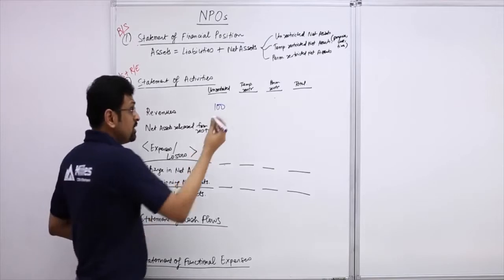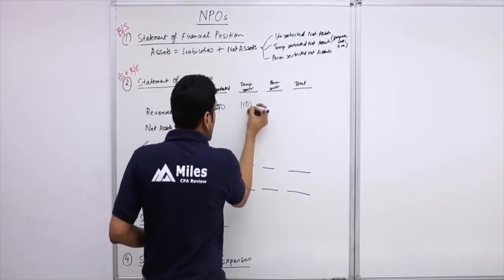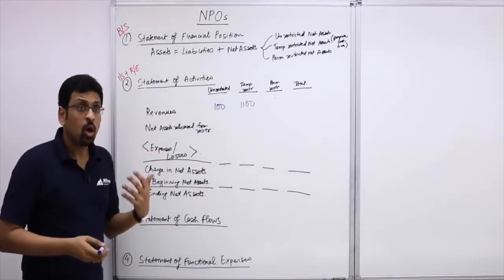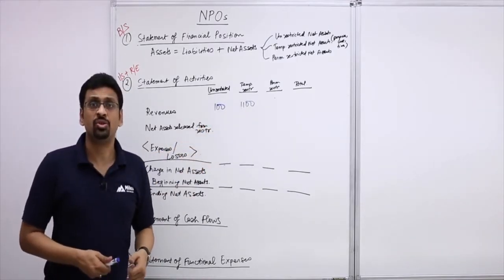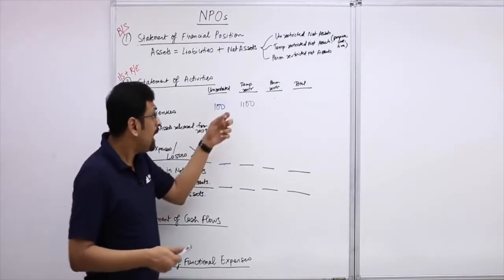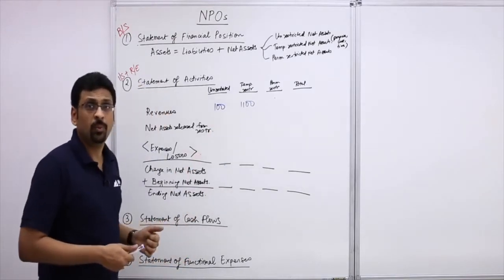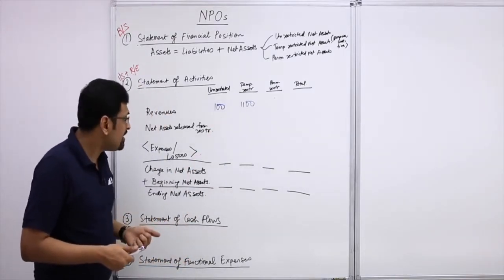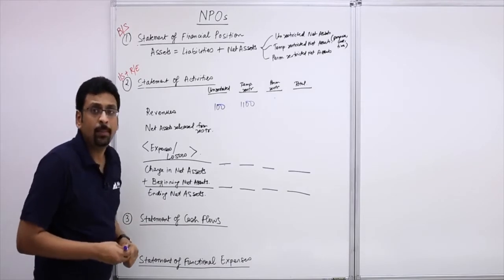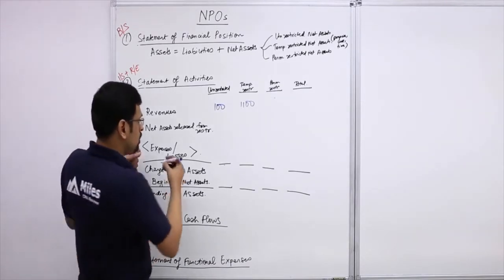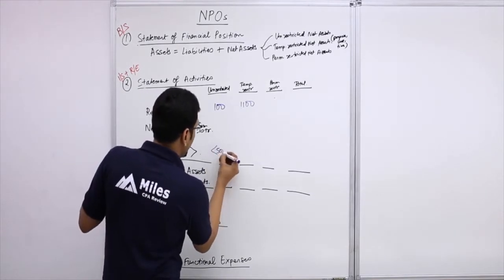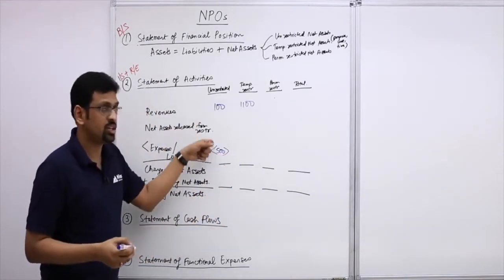Let us say they've received $1,000 or $1,100 from a donor who tells them, use this money only for cancer research. Now that becomes temporarily restricted revenue. Now let us say during the year they're able to spend $500 on cancer research. So the expense is $500. Now expenses are always unrestricted.